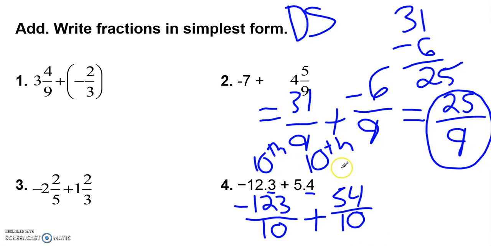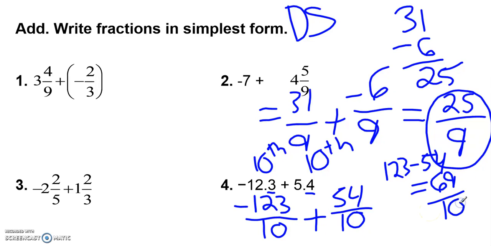Okay, so I have a negative 123, and I have a positive 54. Again, I'm going to be using the different signs. So I have 123 minus 54. That equals 69. And I'm going to use that denominator that we have that's the same, put that over there, and that gives me 69 over 10. But I need to look at signs. I have to take the sign of the larger.